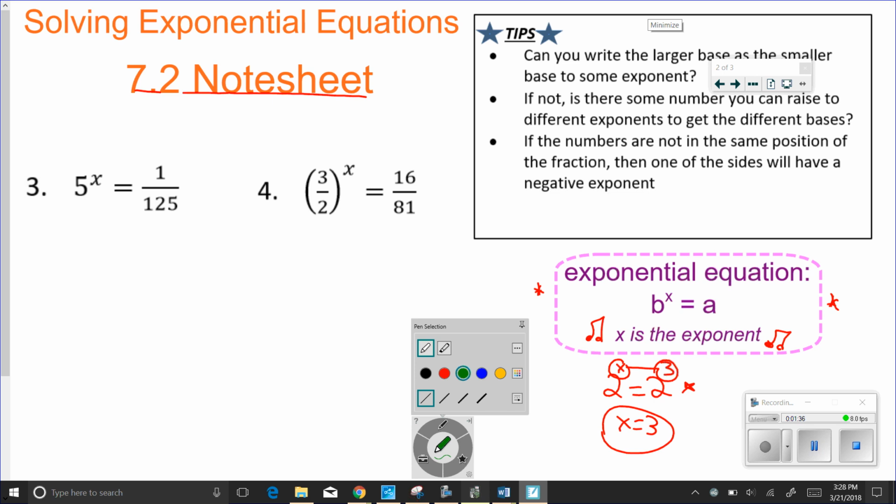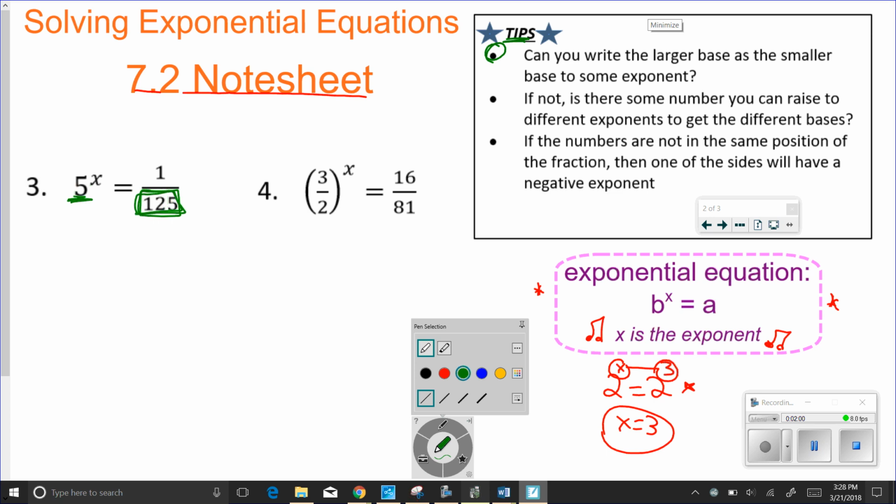So looking at number 3, we have base 5 being raised to the exponent x equaling this fraction. One thing that I do, in our tips, my first tip here is, can you write the larger base as a smaller base to some exponent? Here our larger base is 125. Can we write that as our smaller base 5 to some exponent?